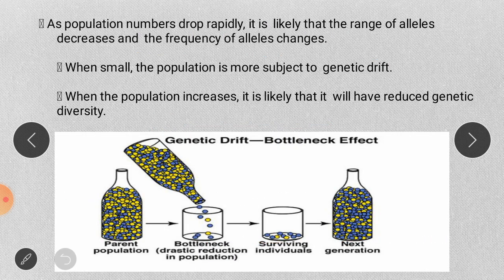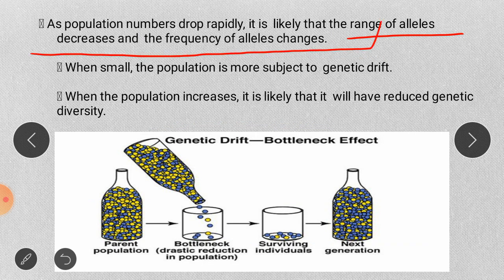After this event, the population numbers drop rapidly, which results in a decrease in the alleles present in the population, and due to the decrease in alleles the frequency of alleles also changes.